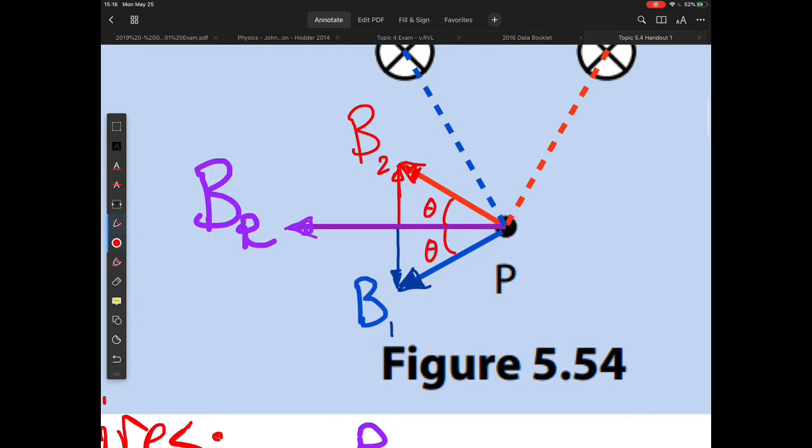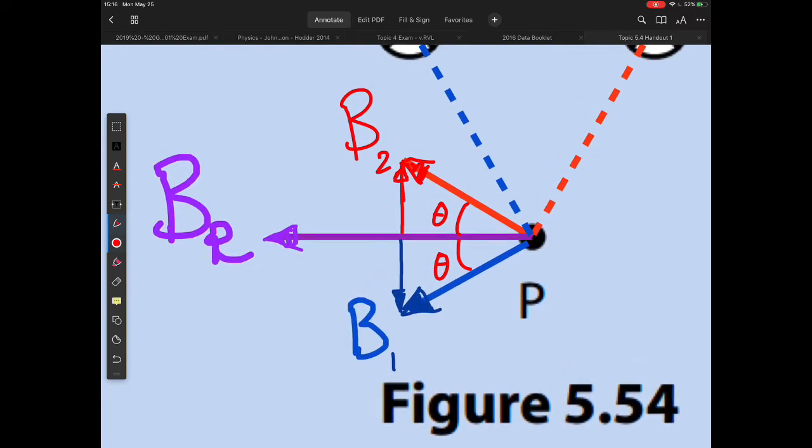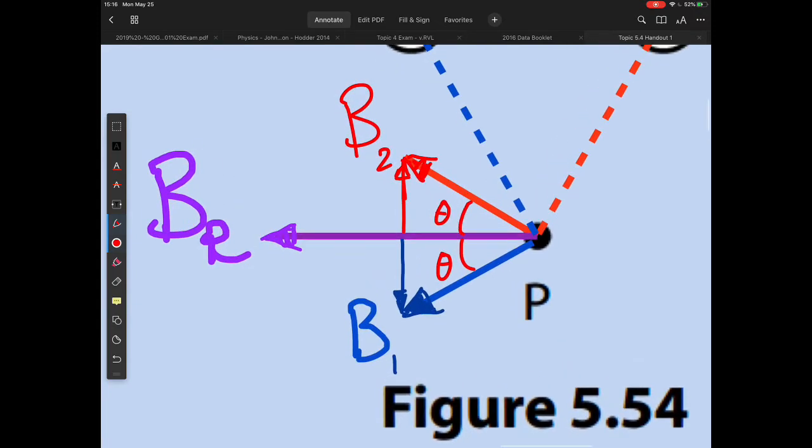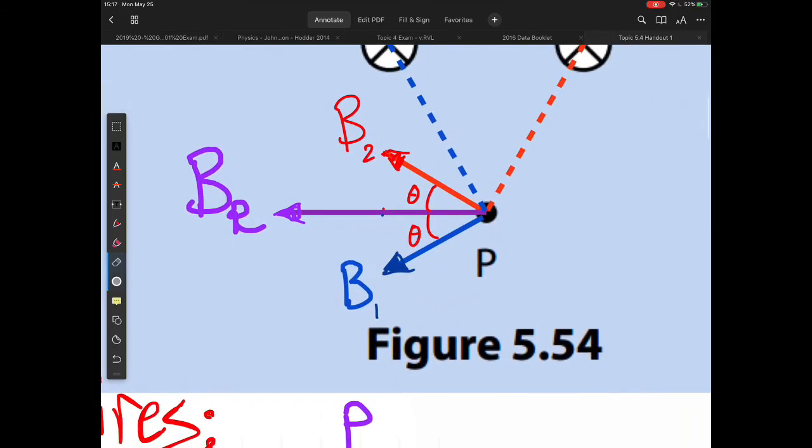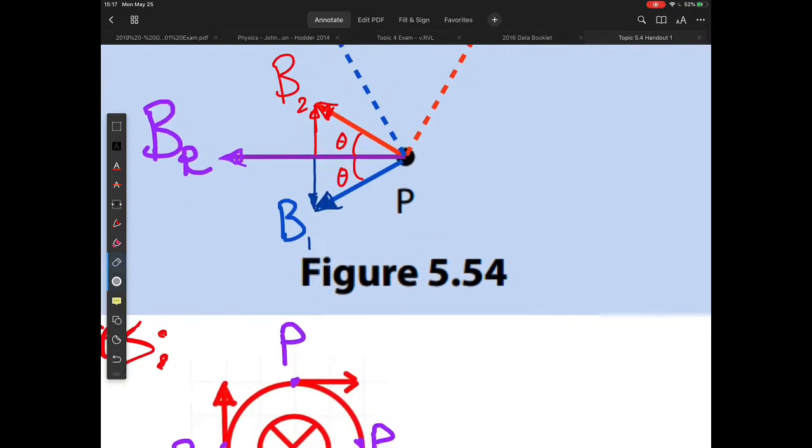If we look at the vertical components of our fields, what we're going to find is that these vertical components just cancel each other out. All we're left with then is the horizontal component of both of our vectors, and that gives us our direction.